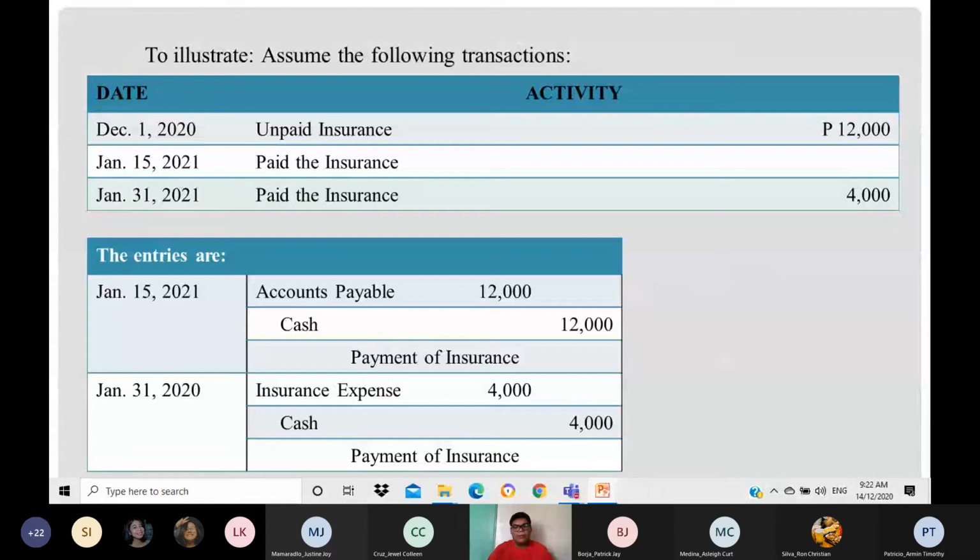Okay. So, minsan ang ginagawa ng iba, to avoid the necessity of preparing reversing entry for uncollected income, imbis na magre-reverse entry ka pa, accounts receivable account is used rather than income receivable.